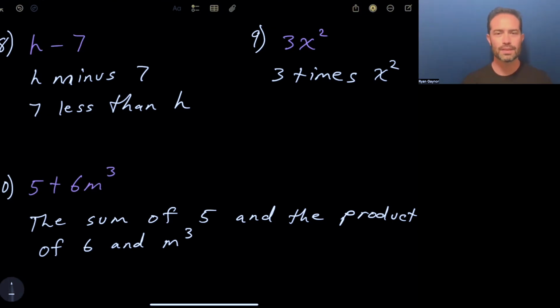Well, when we say the product of 6 and m cubed, order of operations tells us that we have to do the multiplication first, unless I had put a parentheses, right? And a verbal explanation of parentheses would be the quantity of this and that. So that would tell me to put it in parentheses first. All right, so one more time. The sum of 5 and the product of 6 and m cubed. So that tells me that I do 6 times the m cubed, and then I will add that to 5. And that's what we get.